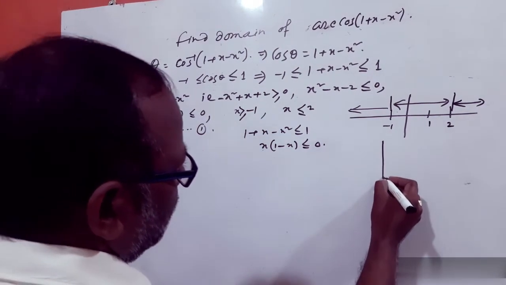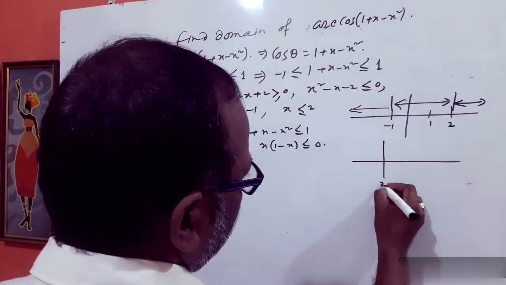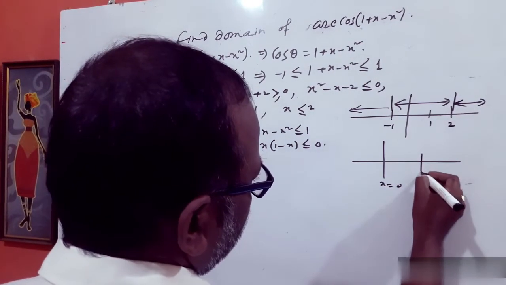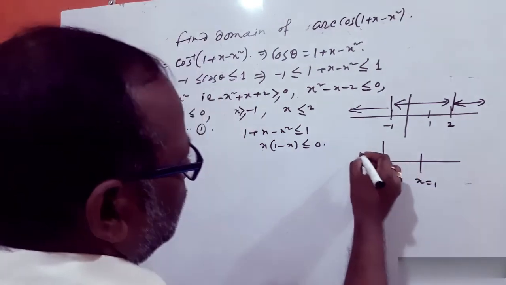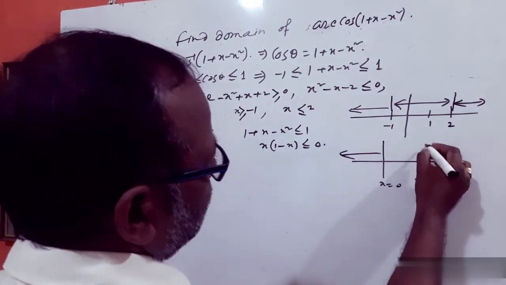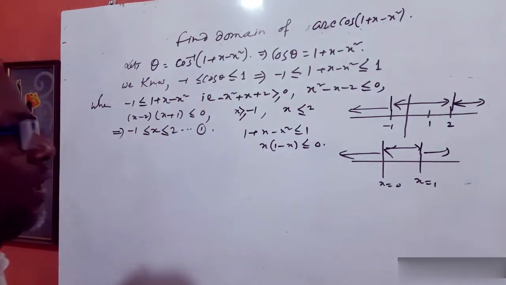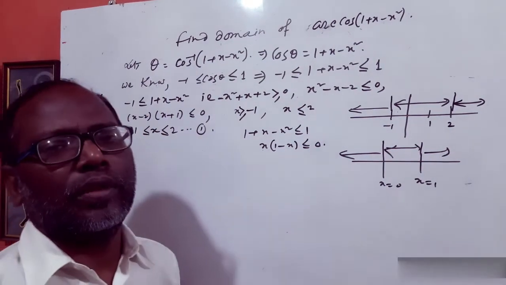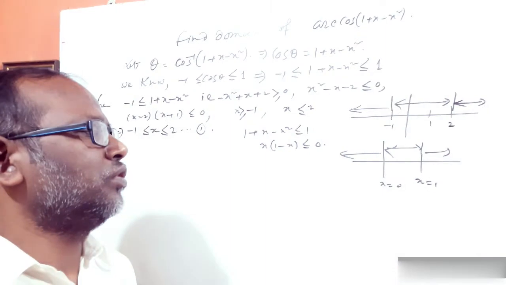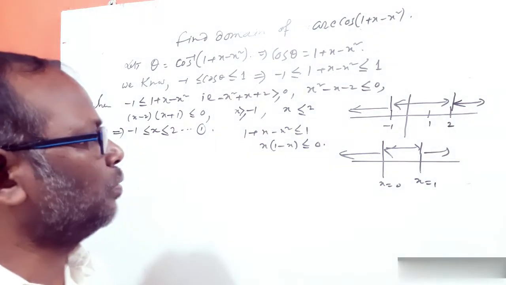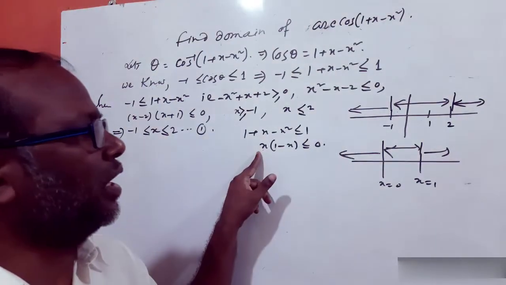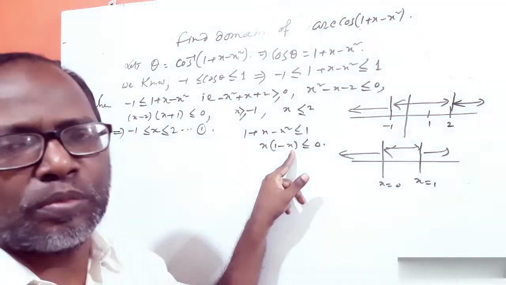Draw the number line. This is x equal to 0 and this is x equal to 1. Which region is satisfied here? This gives three regions. If we take less than 0, that would be -0.1, this is negative and 1 minus (-0.1) is positive.